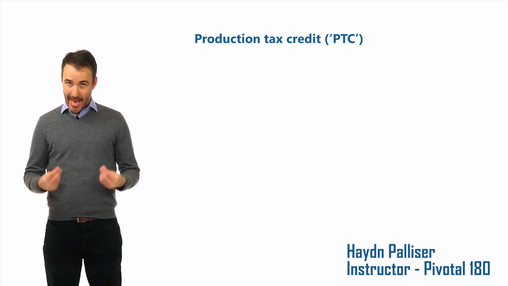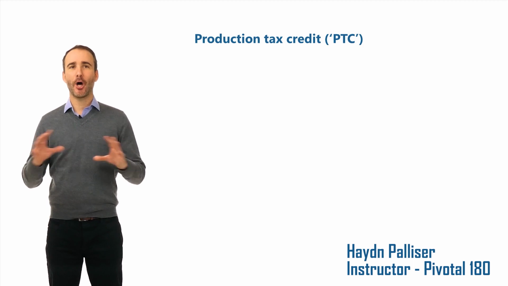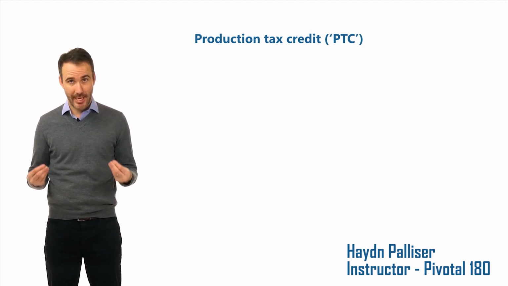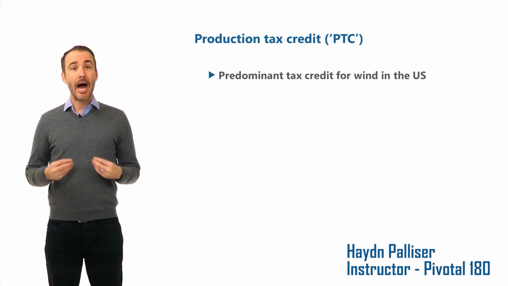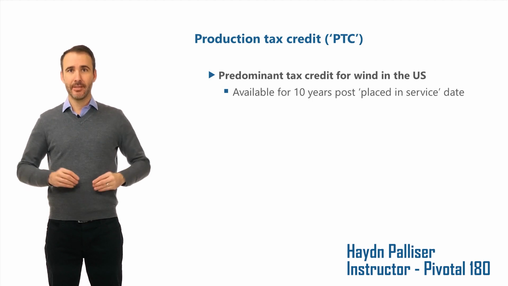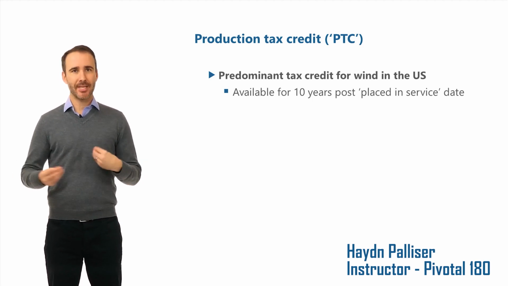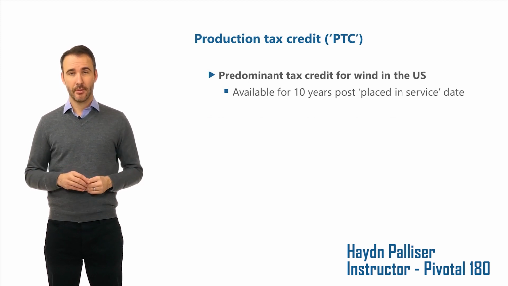The production tax credit, often abbreviated as PTC, is the predominant tax incentive for wind projects in the US. And it's available for the first 10 years after the wind farm is placed in service. But unlike depreciation, which is an expense that reduces our taxable earnings, tax credits directly offset our taxes due.